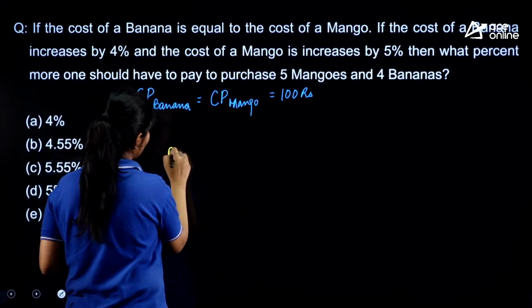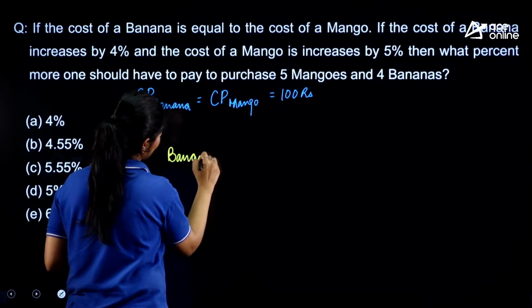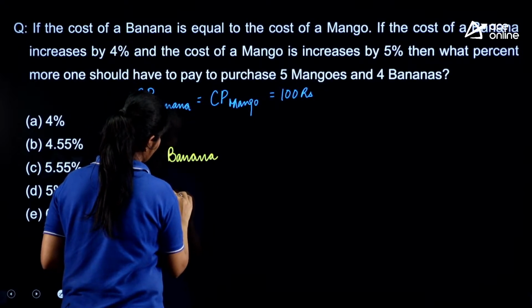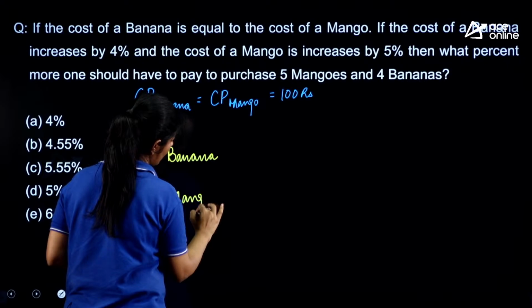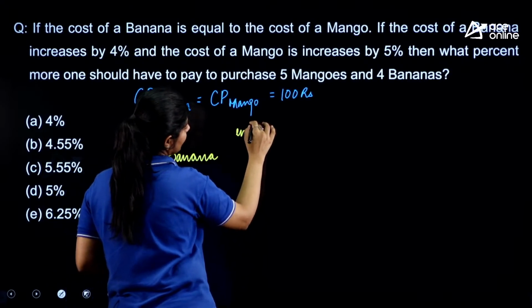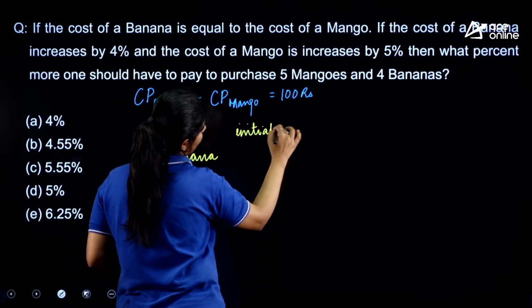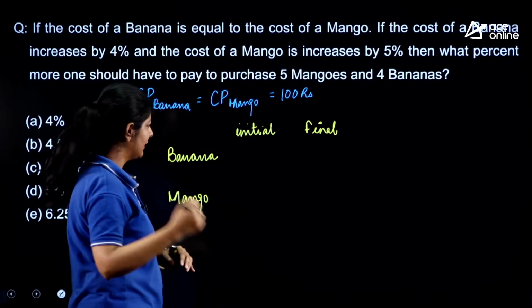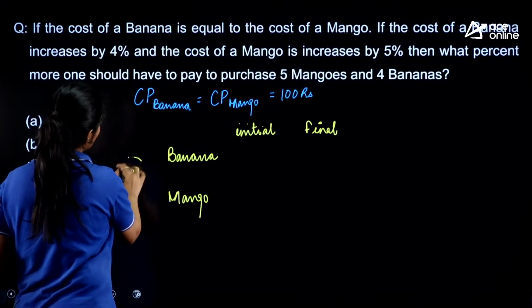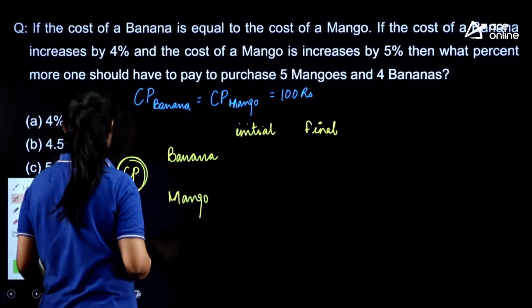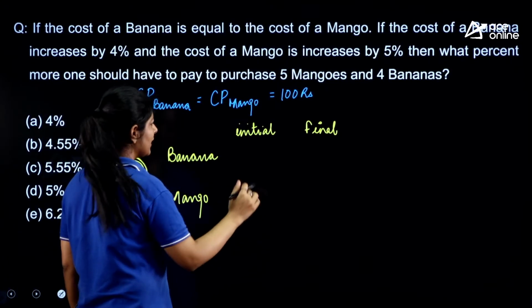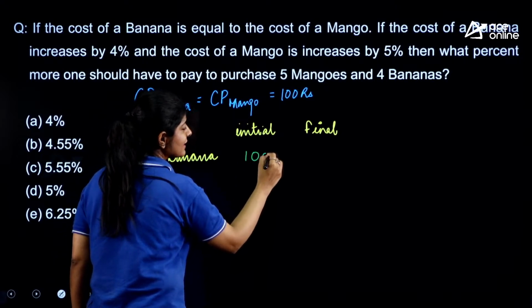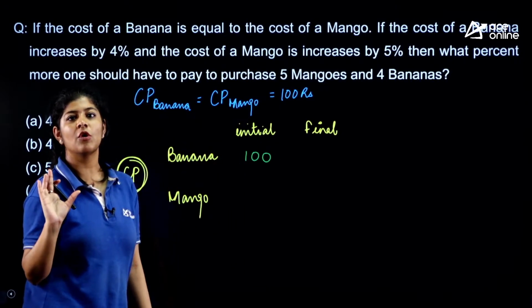So here I am writing for banana first and afterwards for the mango. Here I am writing the initial price and here the final price, after the increment. Here we are only discussing the cost price.